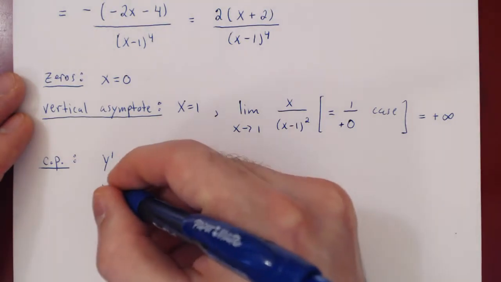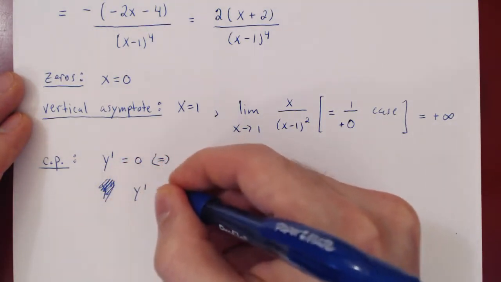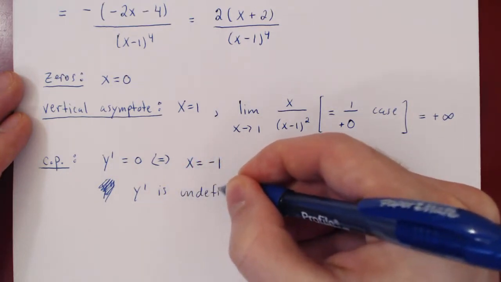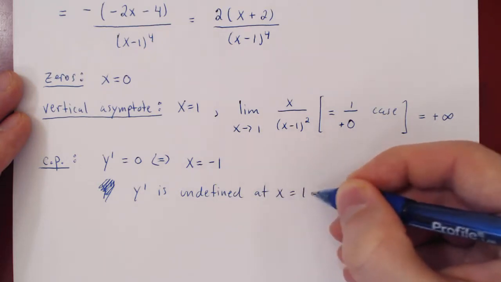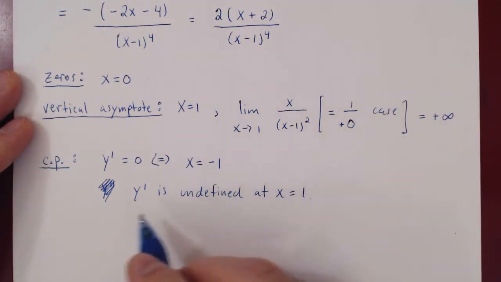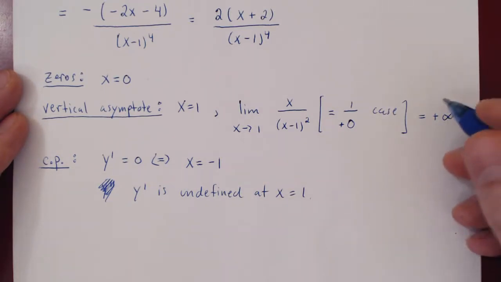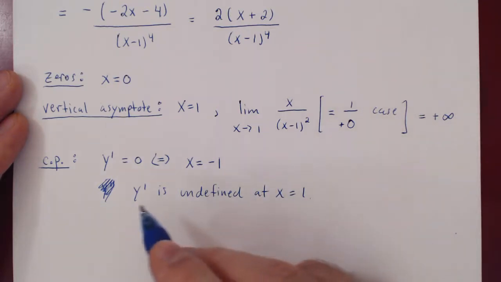So this is not a coincidence. The first derivative is undefined at x equals 1. But this will again always happen. Whenever you have a vertical asymptote, the function going up to infinity will get more and more vertical, so its derivative will blow up as well.